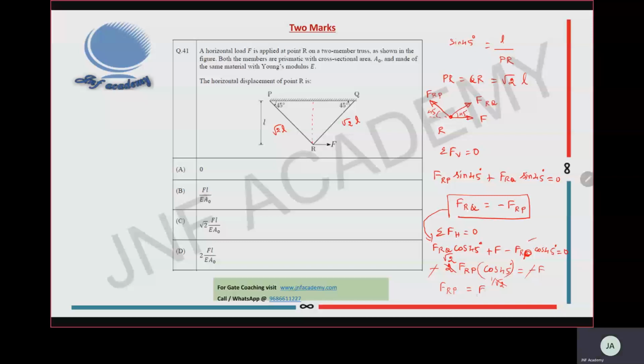So FRP is equal to F divided by root 2. Already we have a relation for finding FRQ. So let me write it here: minus F by root 2. Now we found out the two member forces.